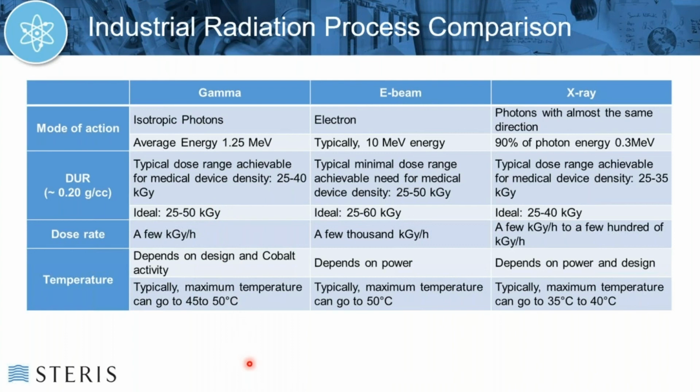We have a dose rate of a few kilogray per hour in gamma. The temperature of the irradiator depends on the design and how hot the source rack is. Typically, the maximum temperatures in a gamma irradiator would go 45 to 50 degrees Celsius. So that would be a consideration as well.